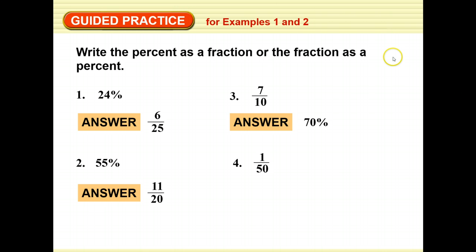All right. Sorry, I'm playing around with this. All right, there we go. 2%.